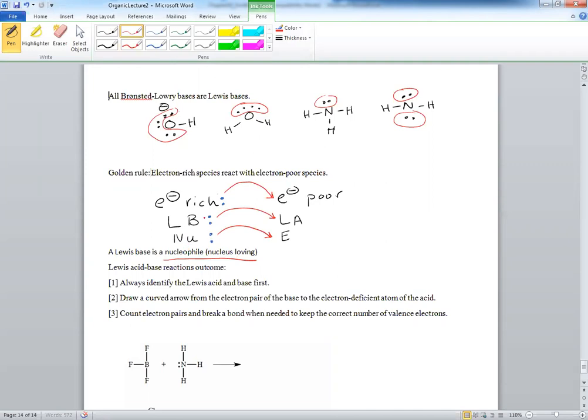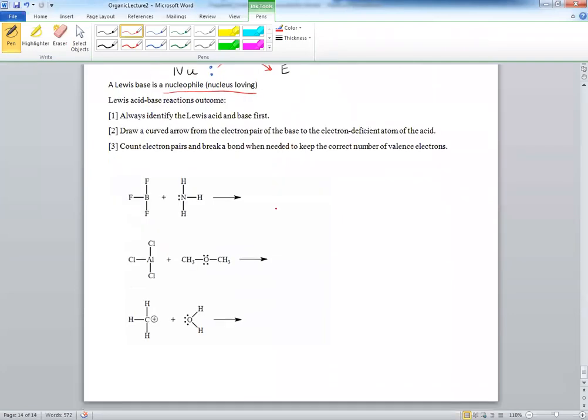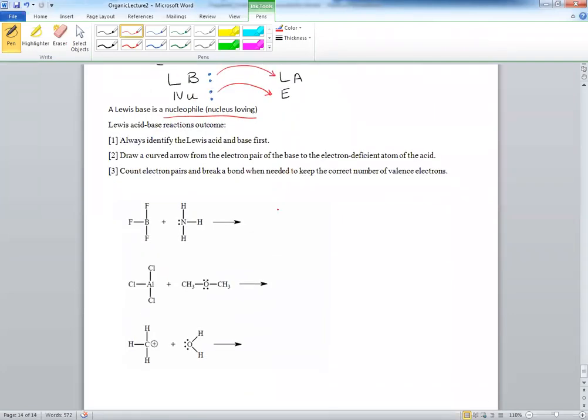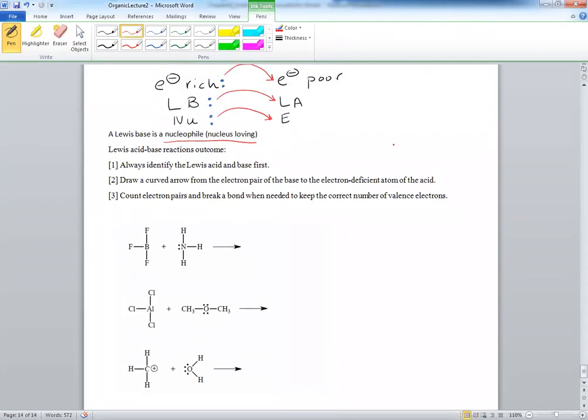So again, they go from electron-rich Lewis bases or nucleophiles to electrophiles, Lewis acids. Those are electron poor. Quickly, how do we do these reactions? So you have to use also curved arrows. The curved arrows go from the Lewis base to the Lewis acid, of course, with a lone pair. So let's look at this example right here.